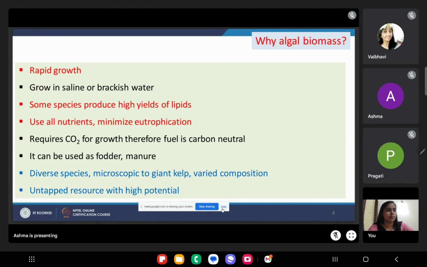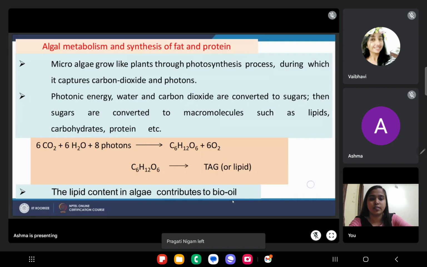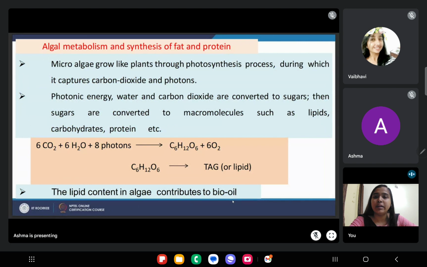Next is algal metabolism and synthesis of fat and protein. As we know, algae are autotrophic, so they use the phenomenon of photosynthesis to produce food. So during photosynthesis, what happens?